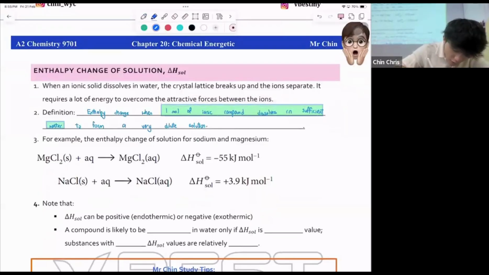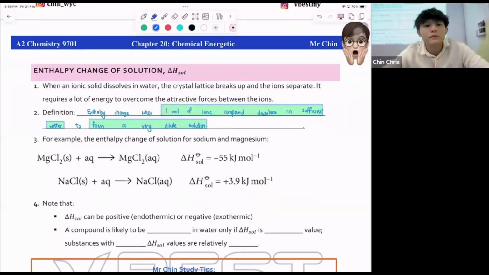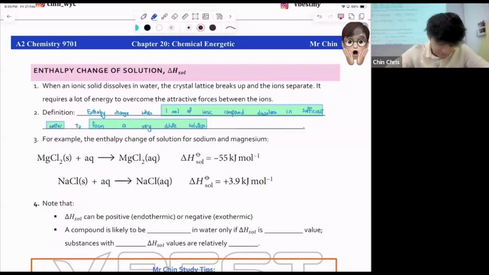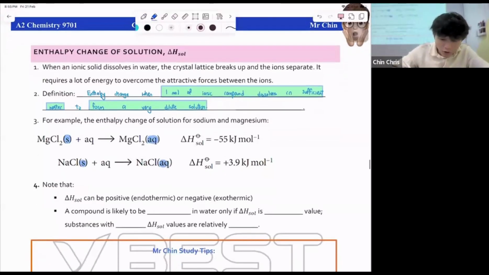Keyword: form a very dilute solution. Example: from solid turns into aqueous. So this can be understood as NaCl turning into Na+ aqueous and Cl- aqueous.